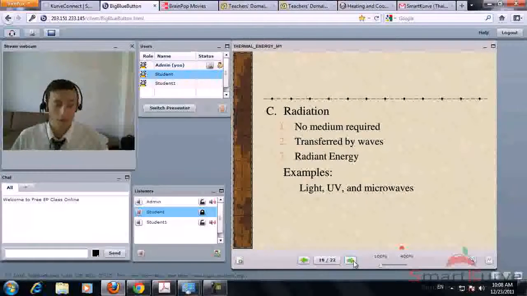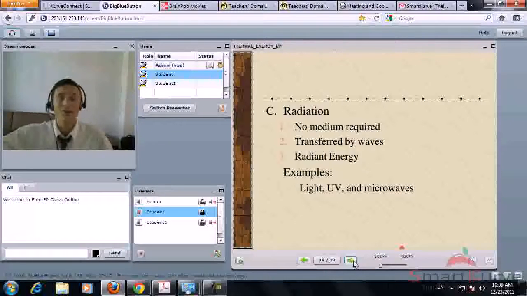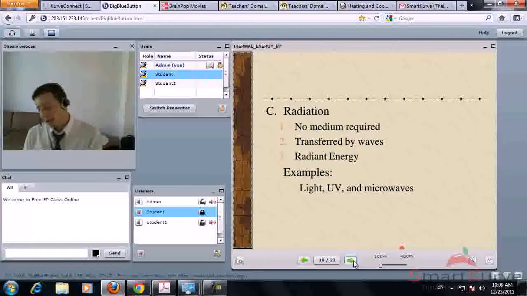Next, radiation. No medium is required. Even if there are no water molecules, there are no air molecules, we can still have radiation because radiation is transferred by waves. This is how the sun heats Earth, how that heat energy from the sun comes to Earth.